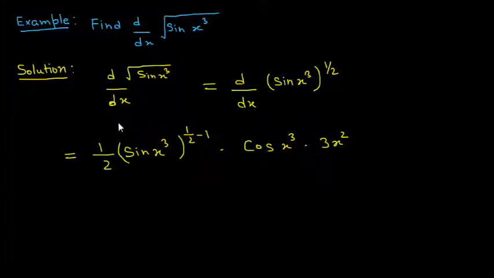Here in this step, we have used d x to the power n upon dx is equal to n x to the power n minus 1. So half is in place of n, and this sine x³ is in place of x. So if you just directly put the formula, this will come.